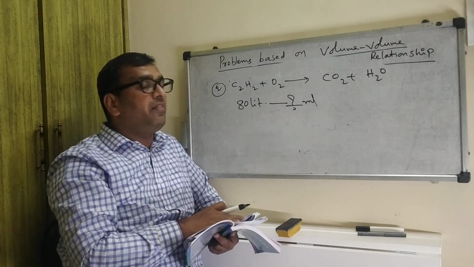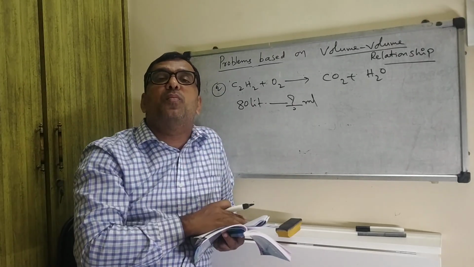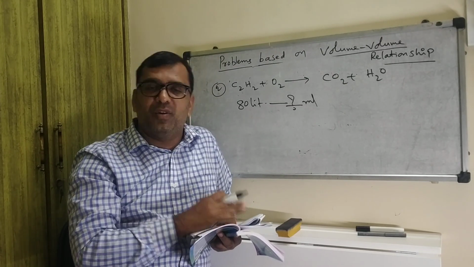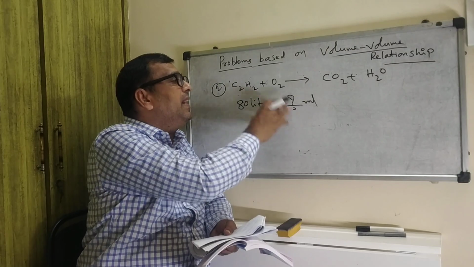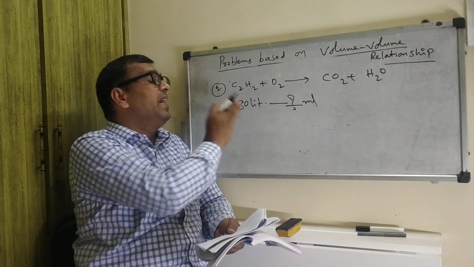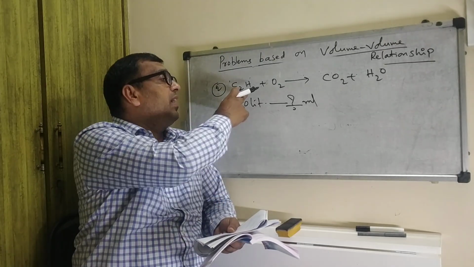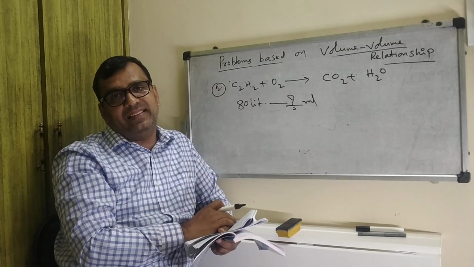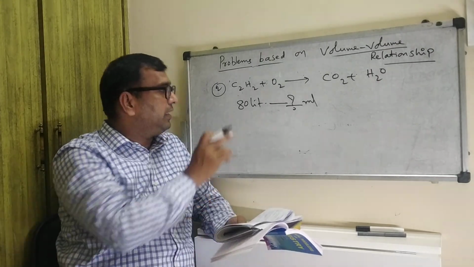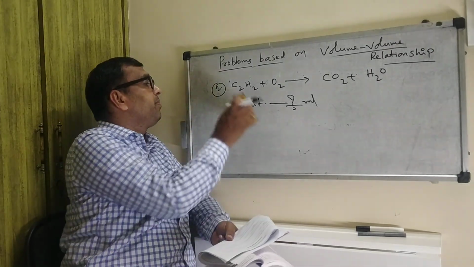These are very, very important. This is a homework problem for you: calculate how many liters of oxygen is required for complete combustion of 80 liters of acetylene.